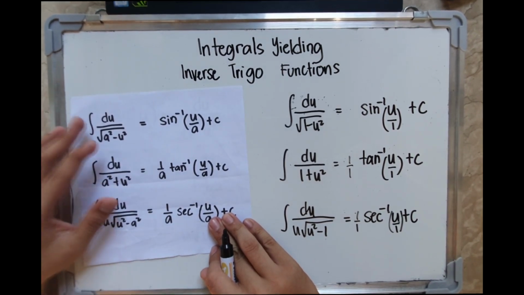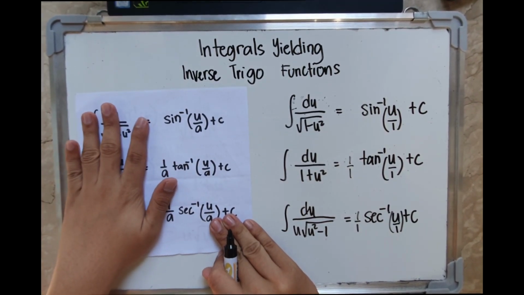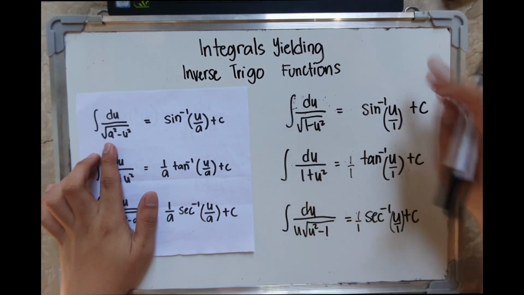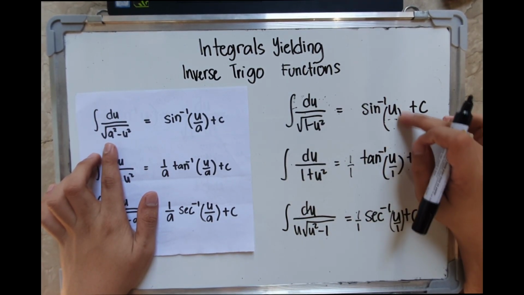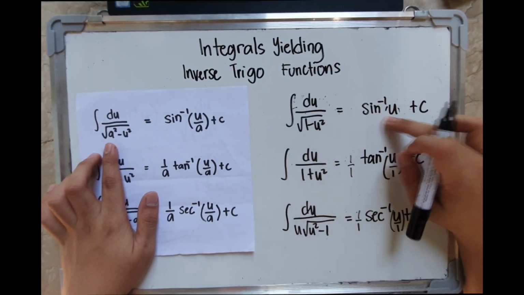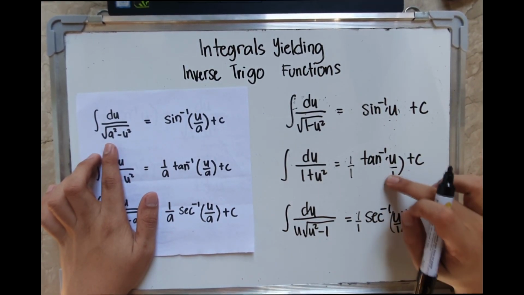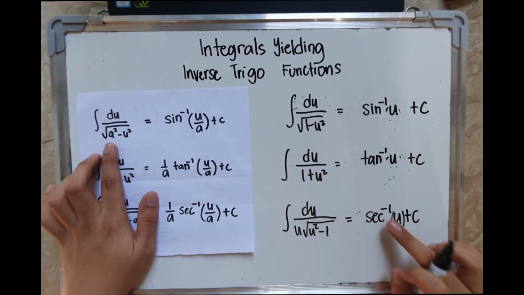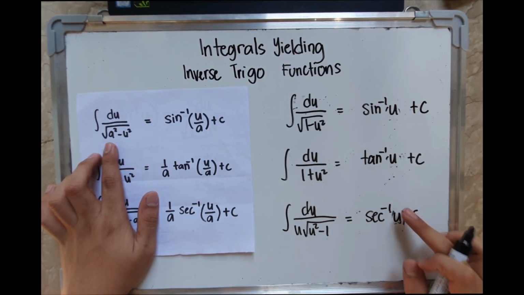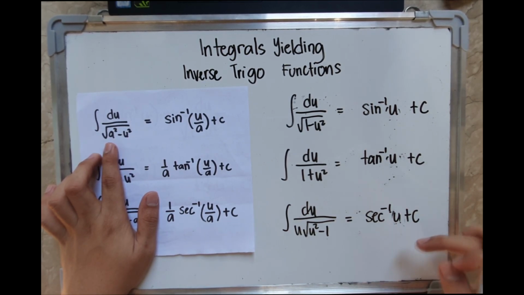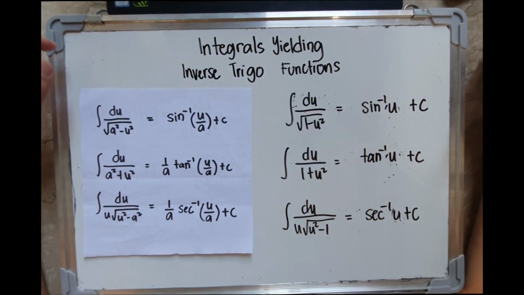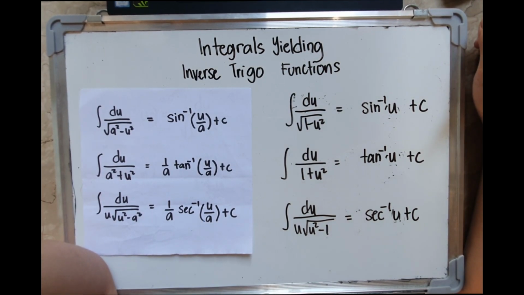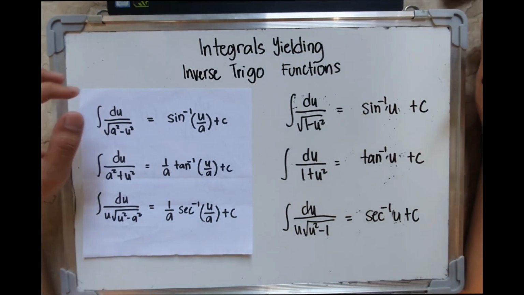So we will be using this formula if our a is not equivalent to 1, and we will use the other formula if our a is equivalent to 1. Okay, please observe the formulas that we will be using here for yielding inverse trigonometric functions. Let's have examples.